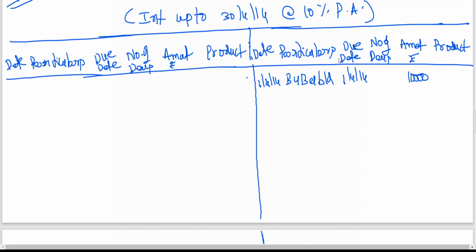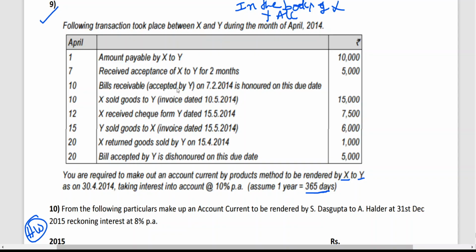Okay. Next, received acceptance of X to Y for 2000, Y account. Received acceptance of X means Y has drawn a bill on us, because X has received acceptance of X to Y for 2 months. What do you mean by this?